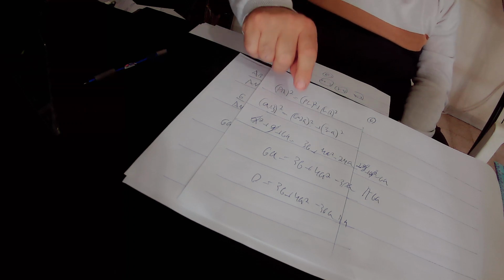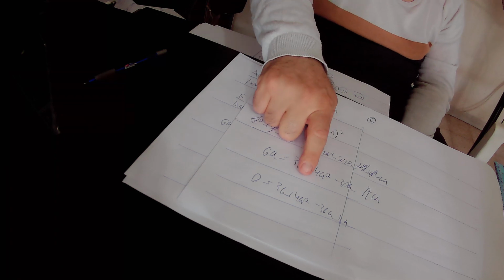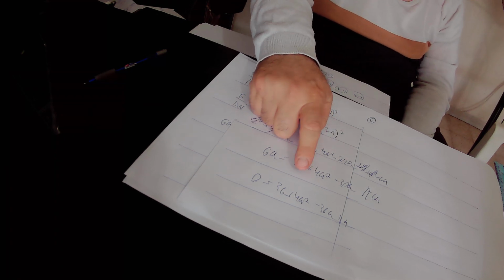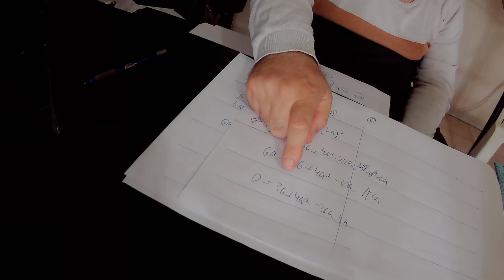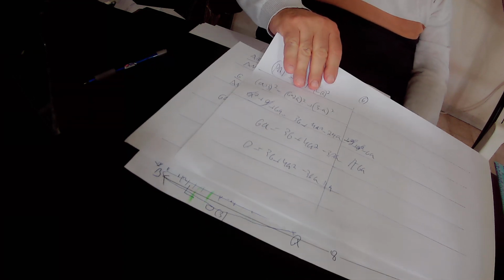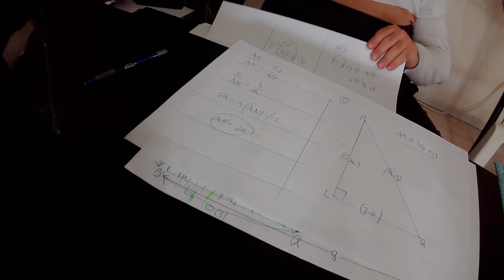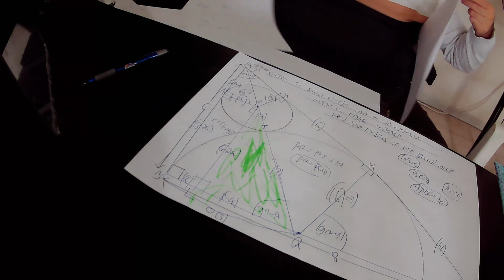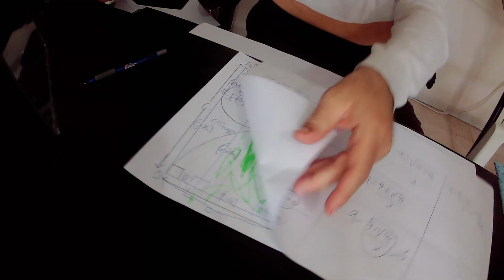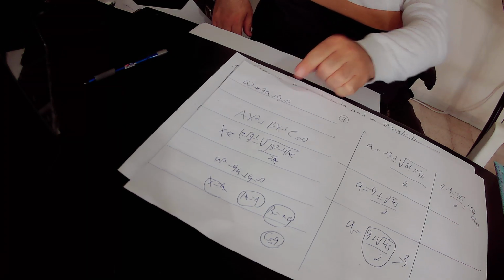Here we divided this equation by 4 and finally found out that 4A squared over 4 is A squared, minus 36A over 4 is minus 9A, and 36 over 4 is 9. So in conclusion, we found out that A squared minus 9A plus 9 equals 0.